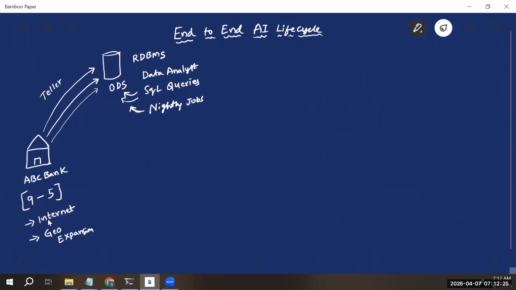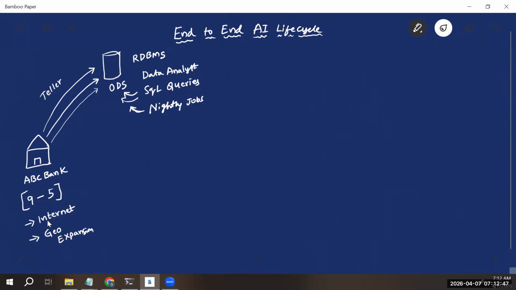Now, because of that, this 9 to 5 thing, the nightly jobs did not work because there was no such lean period, right? Lean period is the time in which I can run my job because the load is minimal. Such kind of lean period was not there.